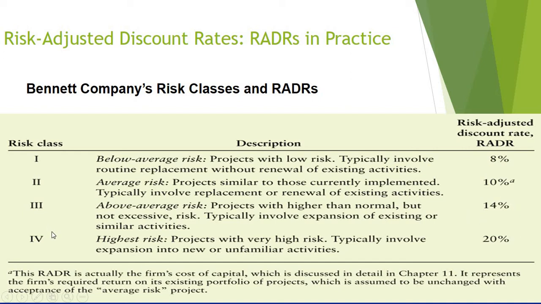And finally, risk class 4, highest risk. These are projects with very high risk, typically involving expansion into new or unfamiliar activity. For risk class 4, the risk adjusted discount rate is 20%.